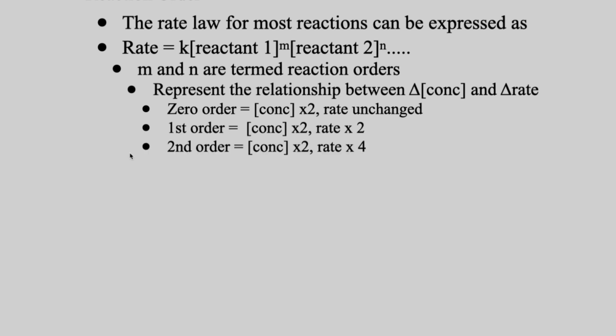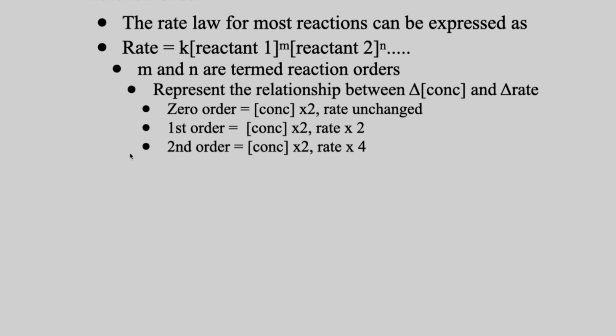But you can also have second order reactants. Put on your math hat. If you have a second order reactant, if you double the concentration, the rate quadruples. Do you see how that makes second order the exponent? The exponent. So double the concentration, 2 squared is 4. What if you tripled the concentration of a second order reactant?